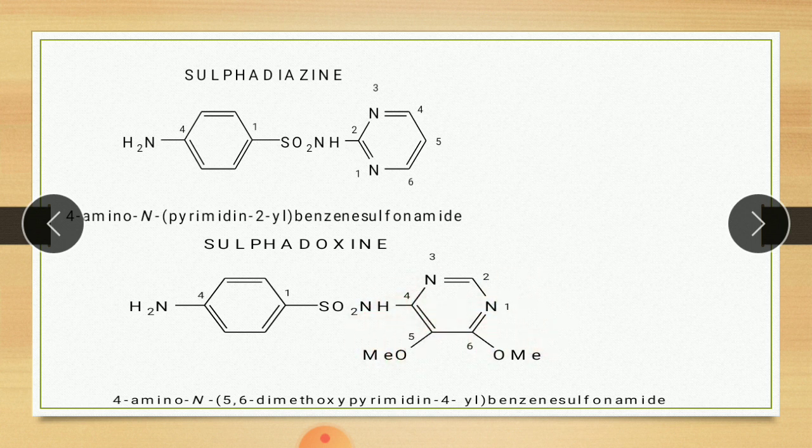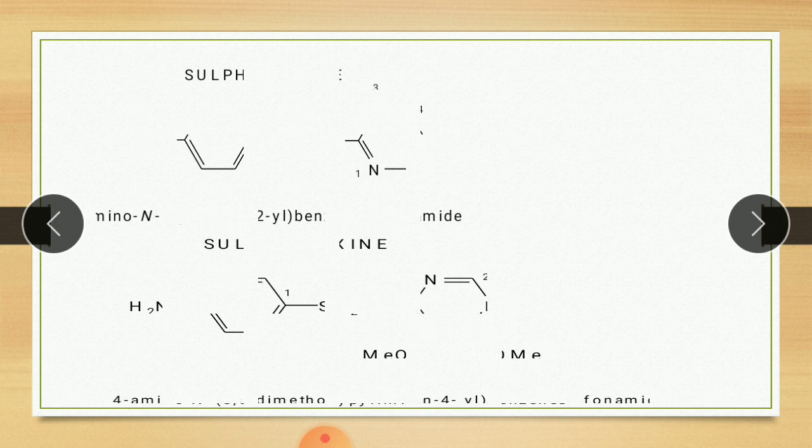So 5,6-dimethoxy pyrimidin-4-yl, this attachment 4-yl, benzene sulfonamide. So the IUPAC name of sulfadoxine is 4-amino-N-(5,6-dimethoxy pyrimidin-4-yl) benzene sulfonamide.